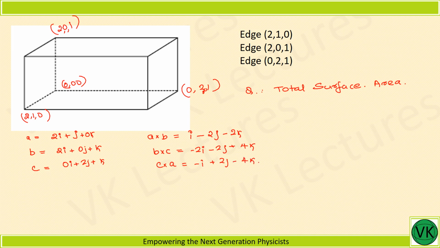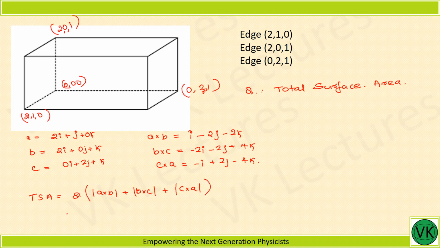Now according to the formula, we have total surface area is equal to 2 times the magnitude of a cross b plus magnitude of b cross c plus magnitude of c cross a.